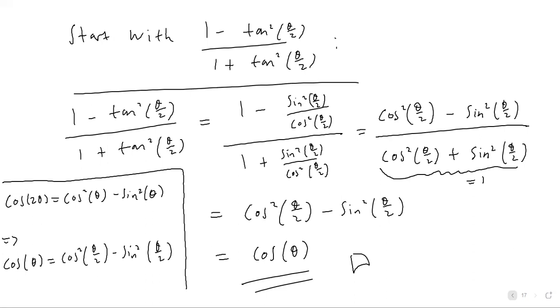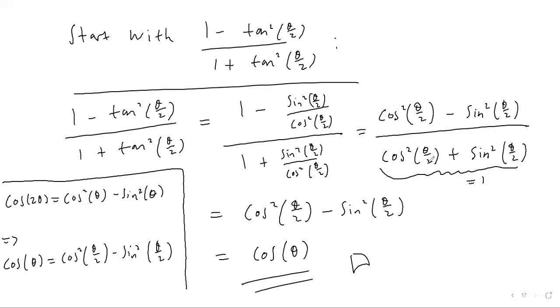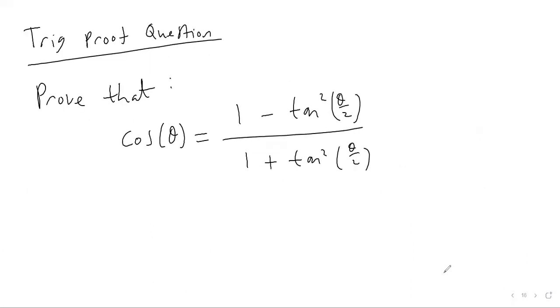It's really a case of using your identity cos squared plus sine squared is 1, doing a little trick by multiplying all of the terms by cos squared after changing tan squared into sine squared over cos squared, and then remembering your double angle formulas and the fact that you can manipulate them by halving the angles in your arguments. So that's how you prove this formula, and that concludes today's video.